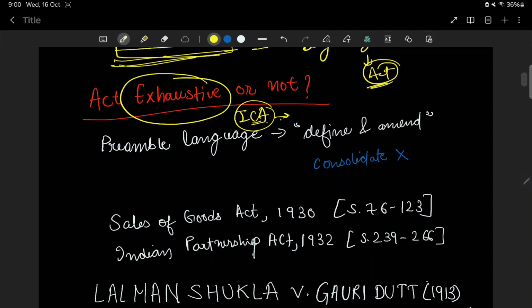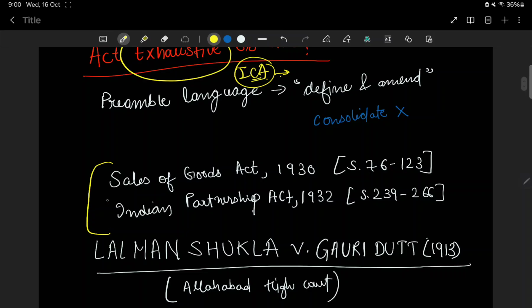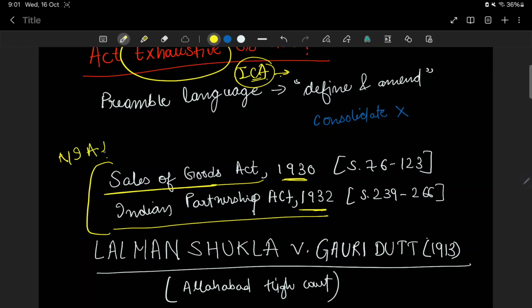Apart from the Indian Contract Act, we also have the Sale of Goods Act 1930 and the Indian Partnership Act 1932, and we even have the Negotiable Instruments Act also. So these are some other acts: the NI Act, the Sale of Goods Act and the Indian Partnership Act, which are also referred to when we are dealing with the law of contract, apart from the Indian Contract Act.